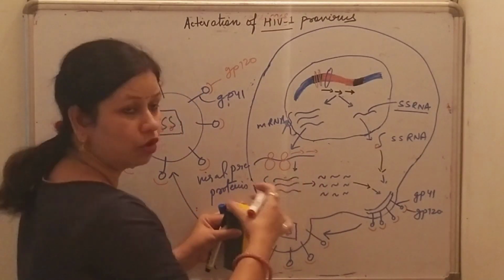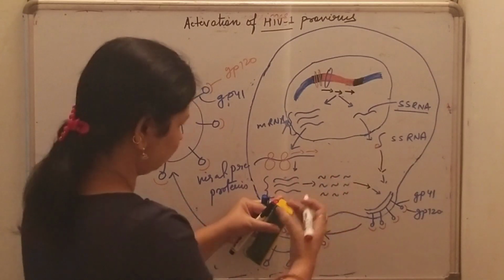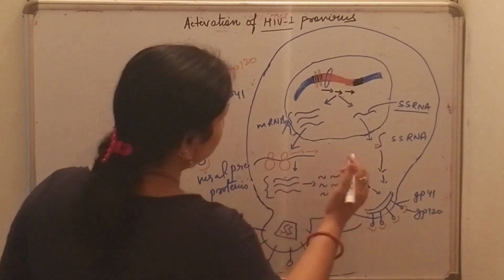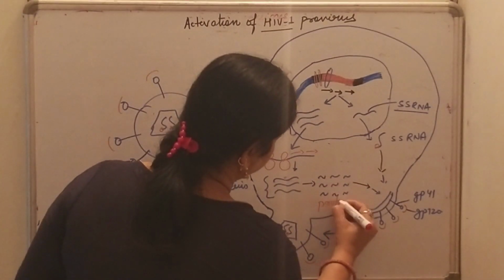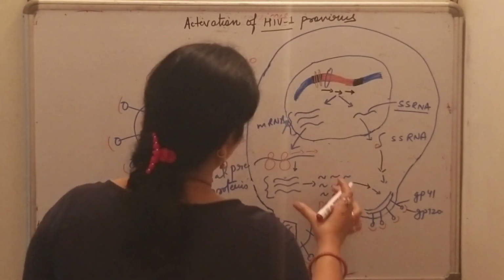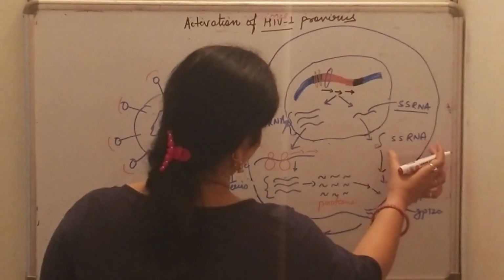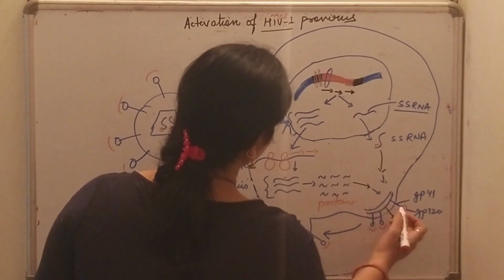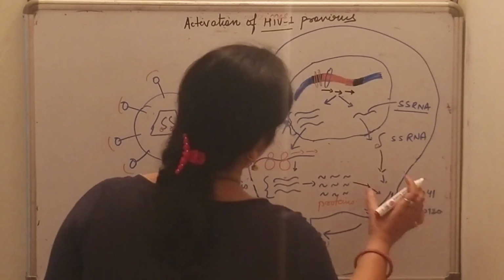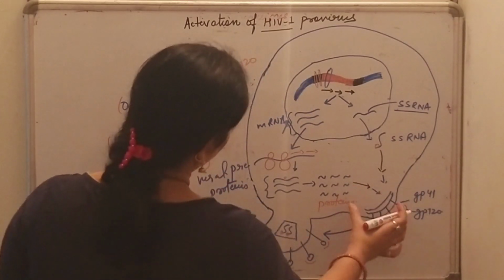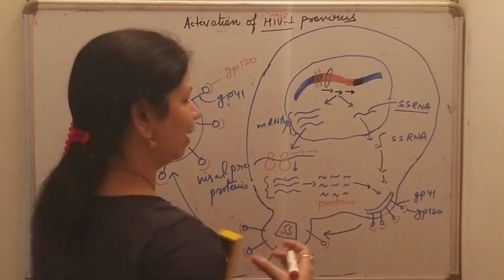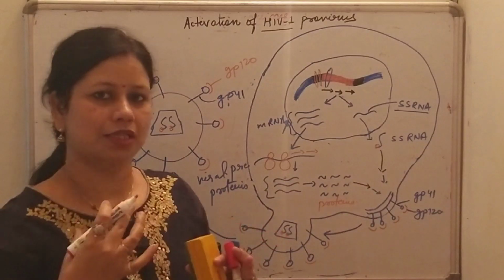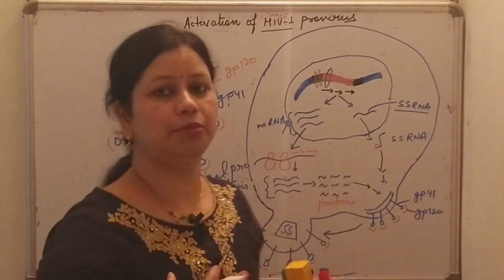After that the viral protease enzyme, not host protease, cleaves these precursor proteins into proteins. Then the HIV single stranded RNA and proteins assemble beneath the host cell membrane, into which GP41 and GP120 are inserted, and finally the membrane buds out, forming the viral envelope, and the virus particle matures. So this is how the activation of HIV-1 provirus takes place.